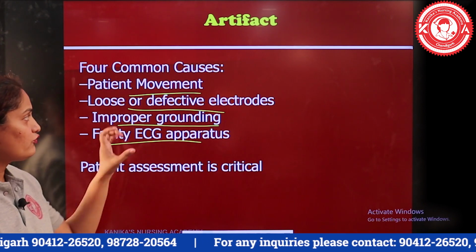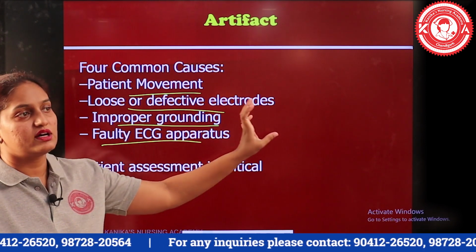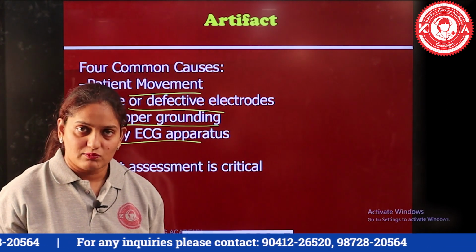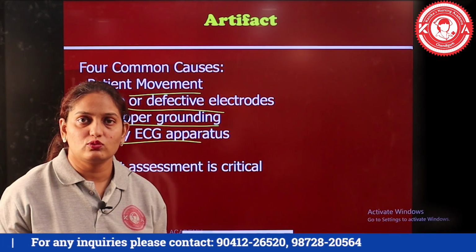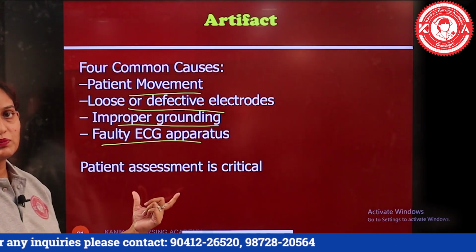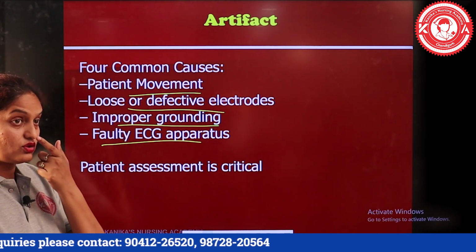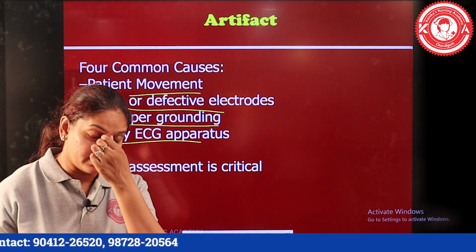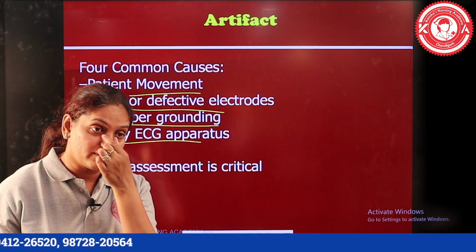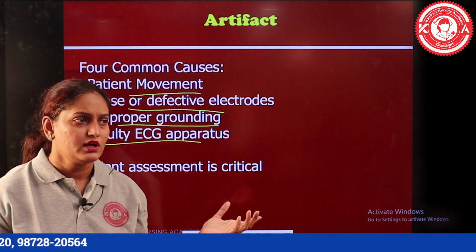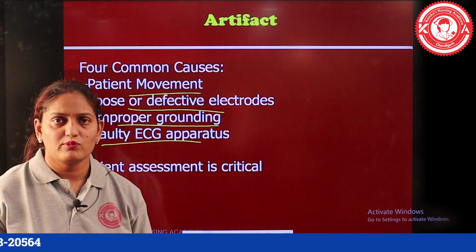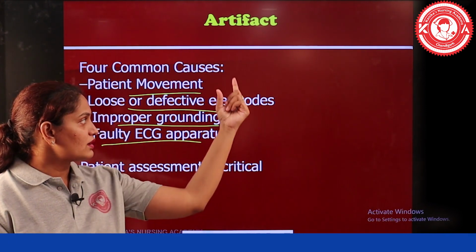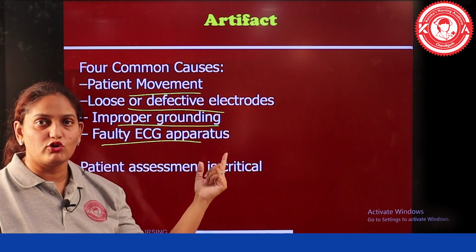Okay, so in all these examples, if the recording of the ECG is abnormal, the first thing to be done is assessment of the patient. This kind of question also comes: sometimes the cardiac monitor shows abnormal ECG waveforms, but you don't find any abnormality or problem with the patient, which means there has to be some other reason from the aforementioned reasons.